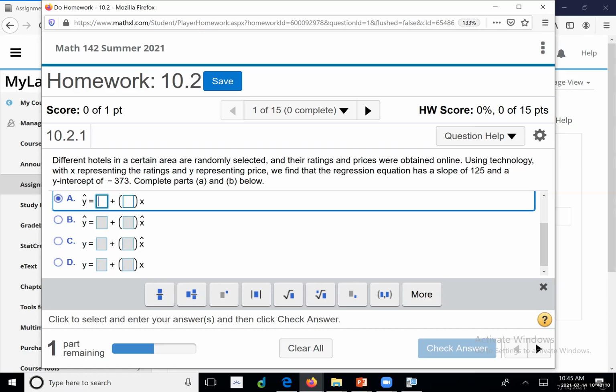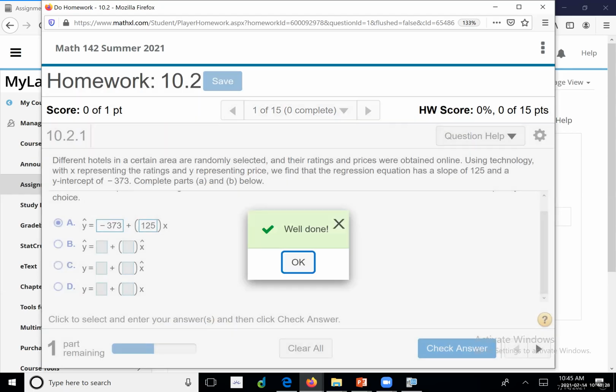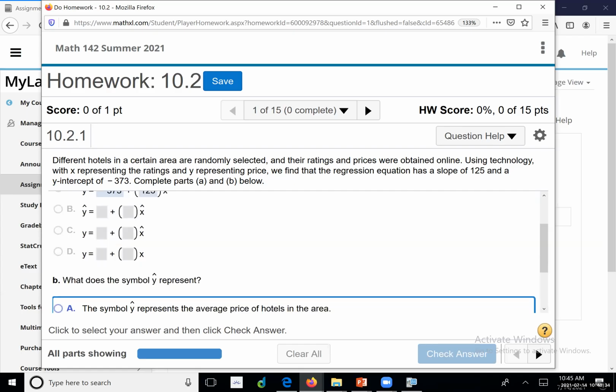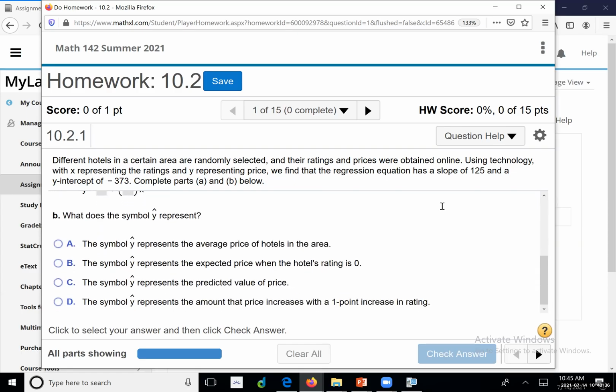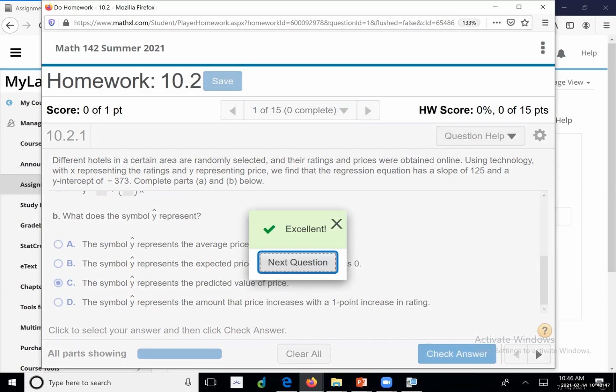So negative 373. Slope is the one that is always multiplied by x, 125. So slope multiplies by x, and then the y-intercept. What does this symbol represent? That means the prediction. So this is just a symbol.